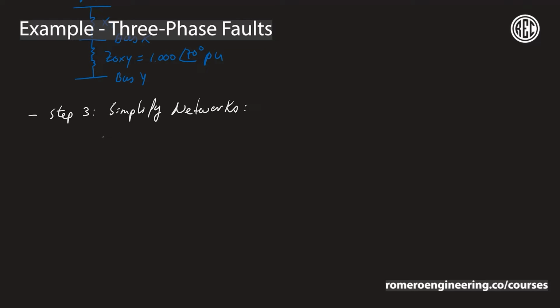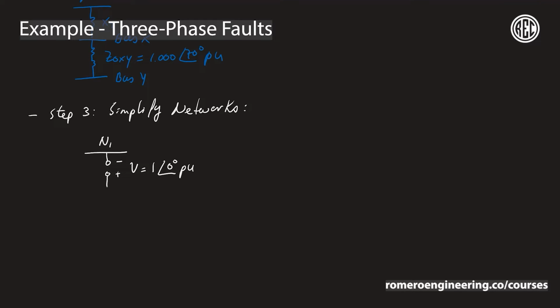I'm going to have N1 over here, the positive sequence neutral. We have then the source, V, which is 1 at an angle of 0 per unit.